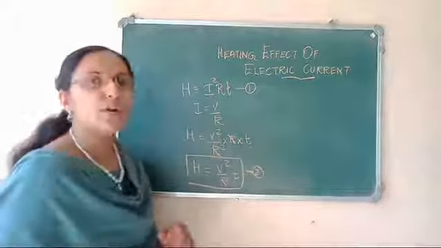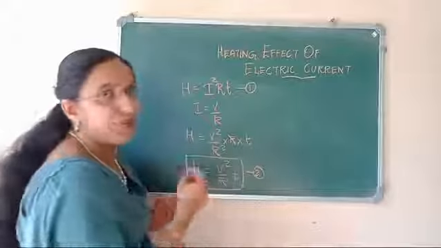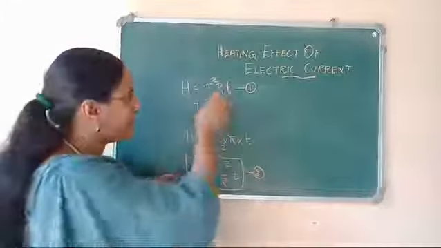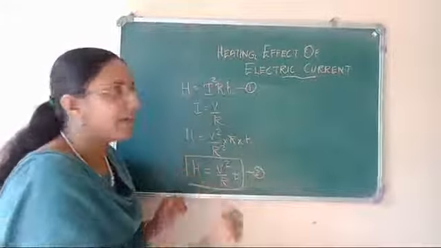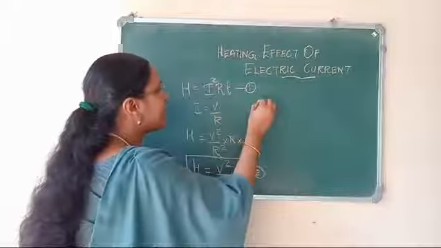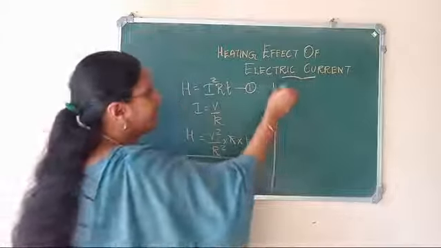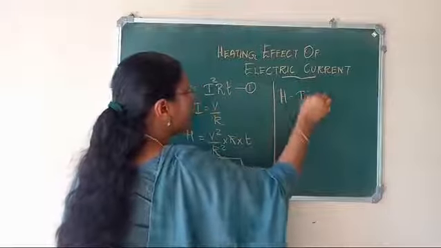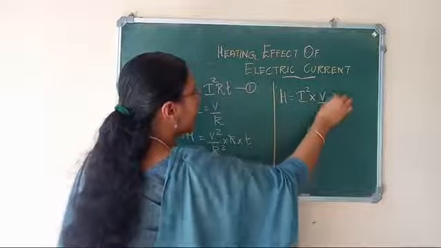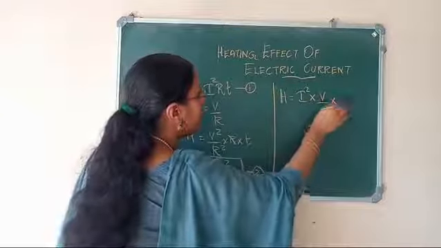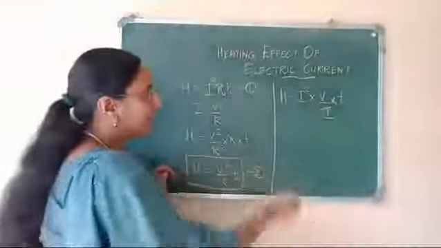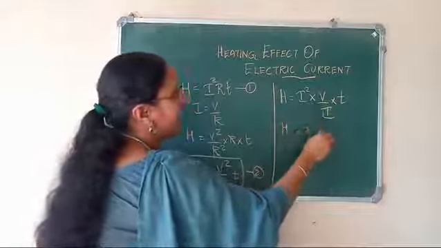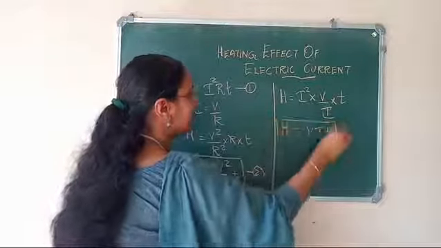Then one more equation is left, that is H = VIT. We can put R = V/I by substituting in the first equation, that is H = I² × V/I × T. Here I and I cancel, and we get H = VIT.